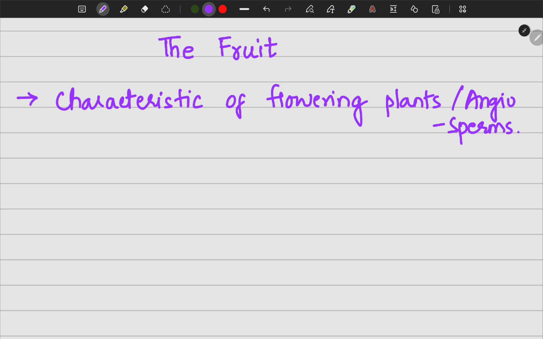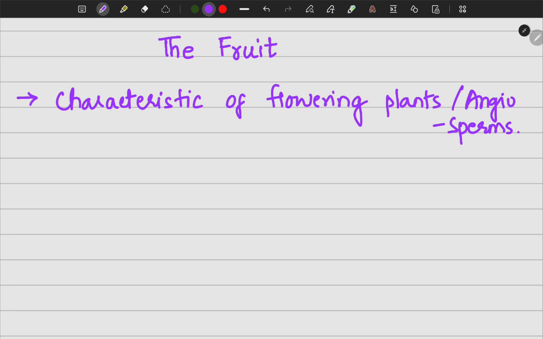If you remember, when we studied the structure of a flower, particularly the gynoecium, we learned that the ovary after fertilization matures into a fruit, and the ovules present inside the ovary develop into seeds. So the fruit is basically characteristic of flowering plants.